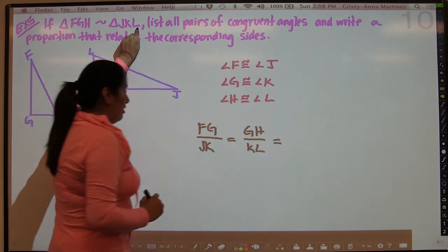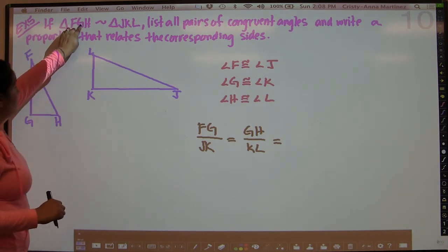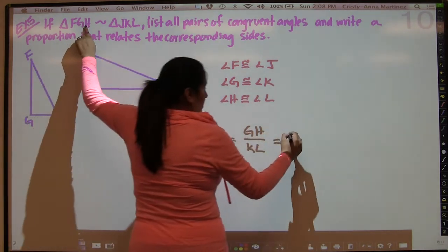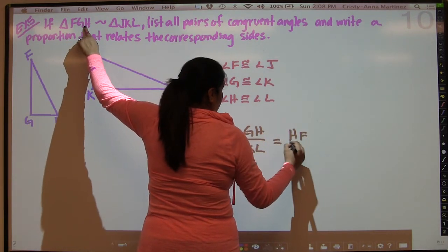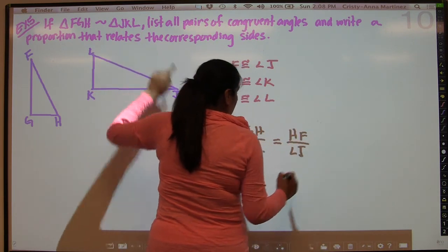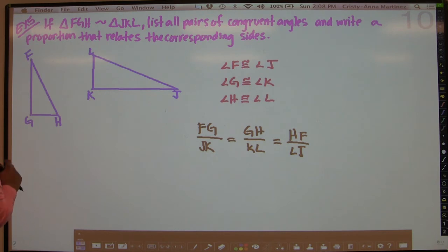And lastly, our last side, so you can see from here that we have FG, GH, now we want FH, or you could call it HF. I'll go ahead and call it HF. And then this will be LJ. Okay? And so that would be my proportion that's relating my corresponding sides.